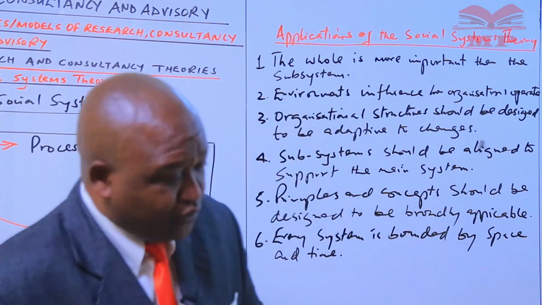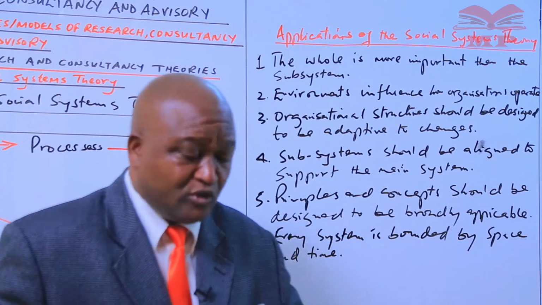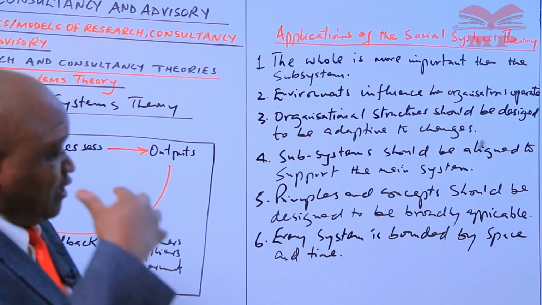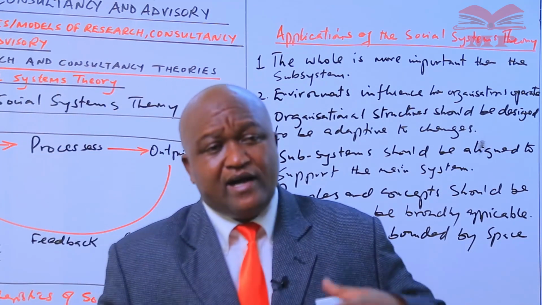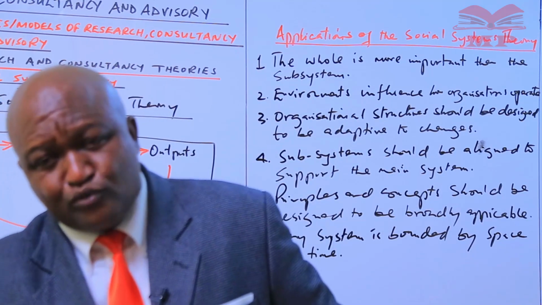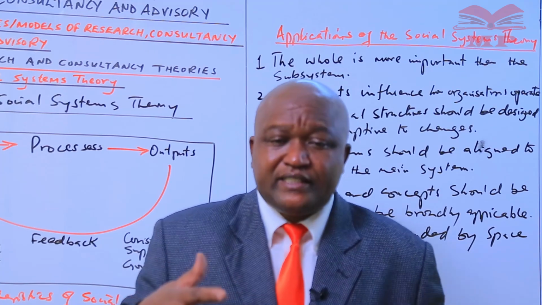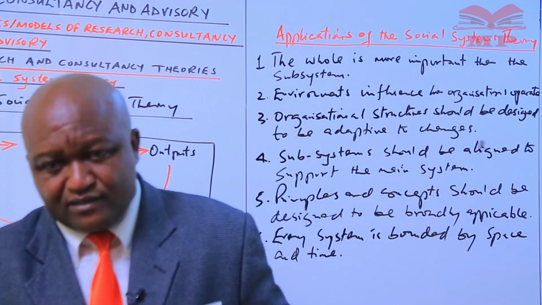And that bounding in terms of time may affect the operations of another system. So the issue of space and time should ensure that the systems are properly synchronized, so that if you have the receiving point, the processing point, the output point, and the feedback time, then those systems must be interconnected and interrelated to work effectively as the case might be.